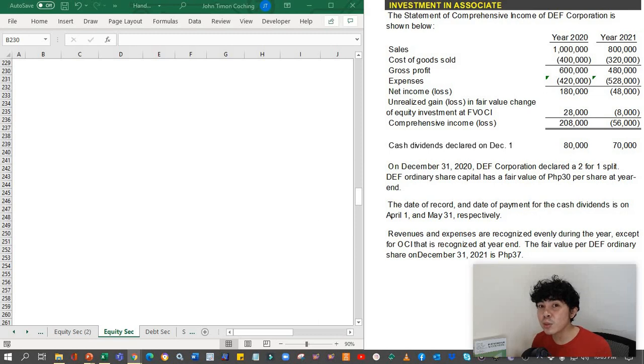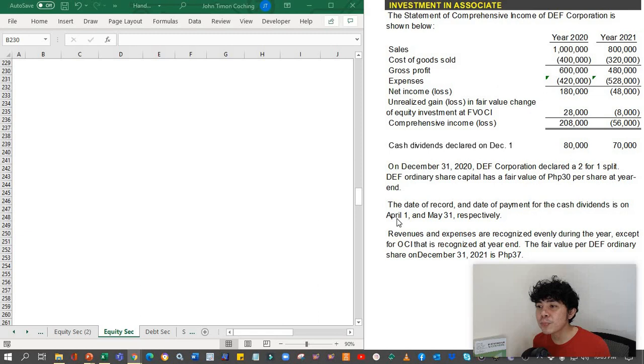Kasi ang dividend, nagkakaroon lang siya ng effect sa shareholders' equity at date of declaration, kasi yun yung time na nagbabawas tayo ng retained earnings. Kaya ang only date na i-consider natin for a cash dividend specifically is etong December 1. Etong April 1 and May 31 has no effect on the shareholders' equity.